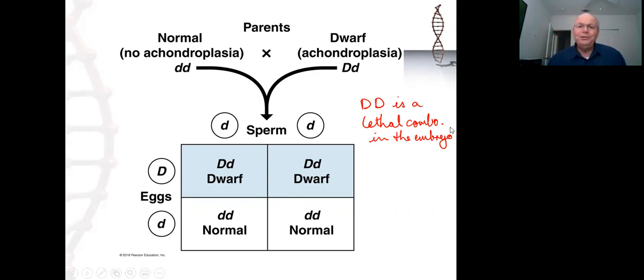So any embryo that is produced with a big D combination, that embryo dies in the uterus. It's probably eliminated through a miscarriage or a spontaneous abortion, as it's called in the medical world. So you don't see the big D combination here in the Punnett square because it would be fatal. And those embryos simply are not carried to term.